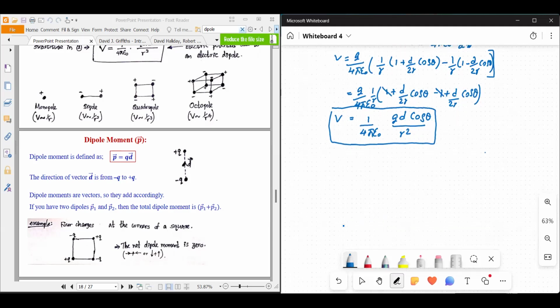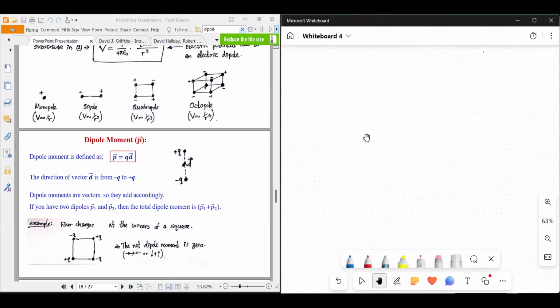Now, when we are calculating dipole moment, in an electric dipole, we have plus Q and minus Q. So this will be separated by a certain distance d. The electric dipole moment P can be calculated by Q times d.